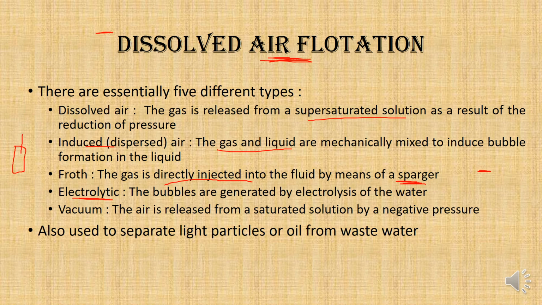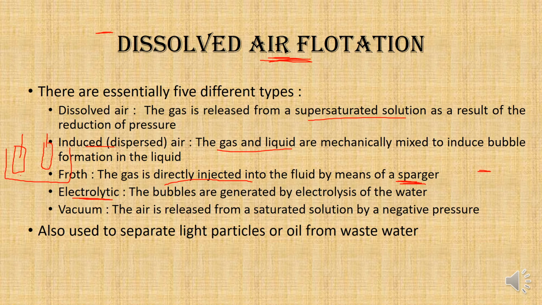flocculants are released. There are two electrodes, anode and cathode, and the broth is placed in the electrolysis chamber.